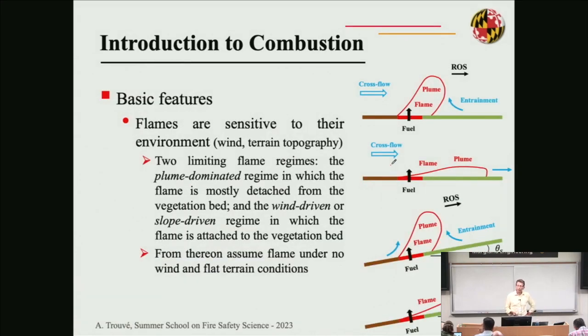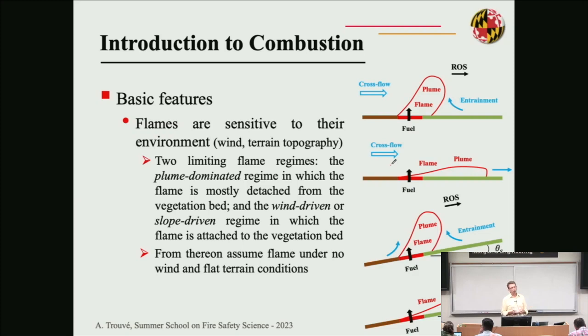And finally, in this introduction section, I want to say that flames, especially diffusion flames, are quite sensitive to their environment. They are going to be sensitive to the way air is entrained into the flame zone. So most of what I'm going to say in this presentation applies to flames that are considered on flat terrain with no crosswind.